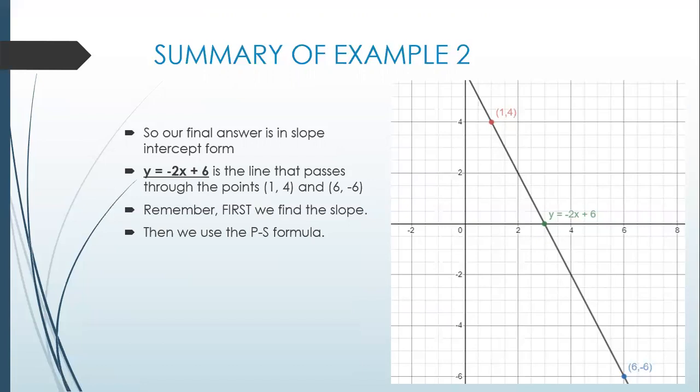Remember, first we find the slope, because in order to use point slope, we have to find the slope. We have 2 points. We know how to find the slope from 2 points. So we label our points, we use the formula, we find the slope. Then we use the point slope formula, which is comprised of 4 steps.